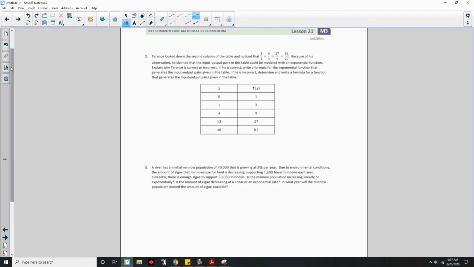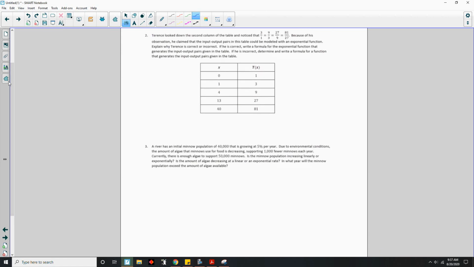Okay, page 3 brings us to problem number 2, where it says, Terrence looked down the second column of the table and noticed that 3 divided by 1 is 3, 9 divided by 3 is 3, 27 divided by 9 is 3, 81 divided by 27 is 3. So all those fractions are equal, so there is a common quotient. So r equals 3. That's our common quotient.